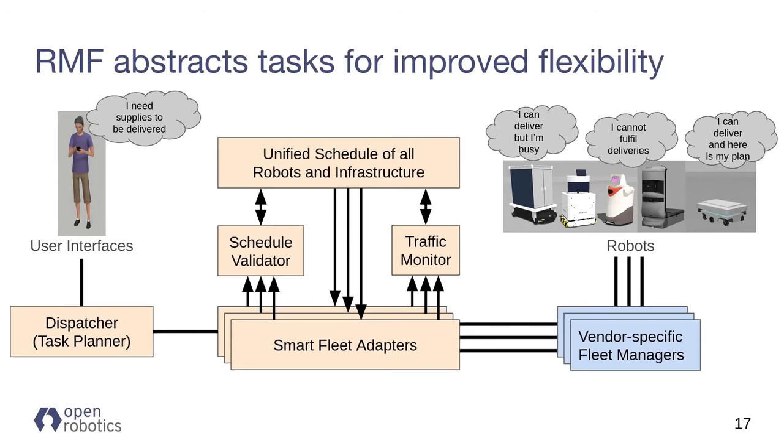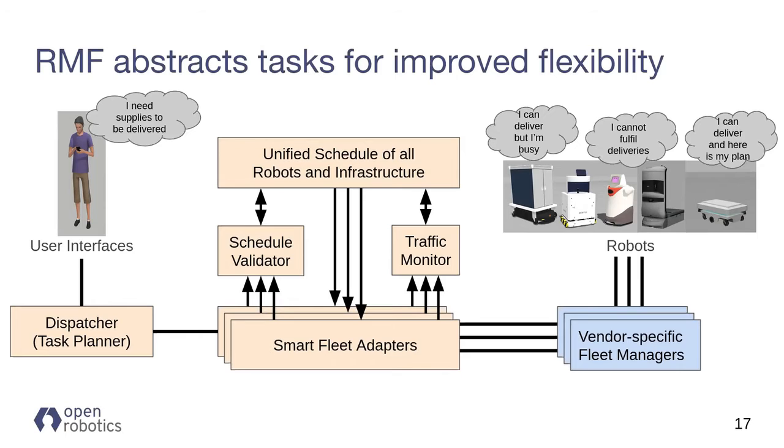But under the hood, there's a bunch of stuff happening. First, the smart fleet adapters will bid for the task, and then one of them will be selected. The schedule validator will validate that it's correct, and there's also a unified schedule for all robots.